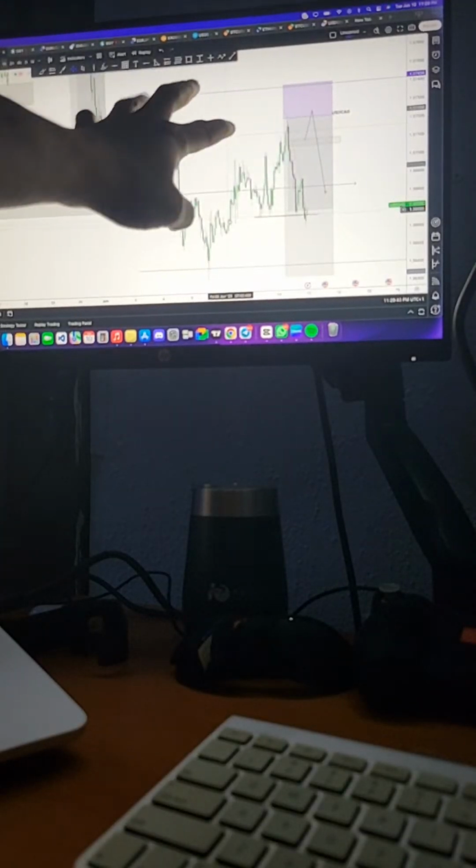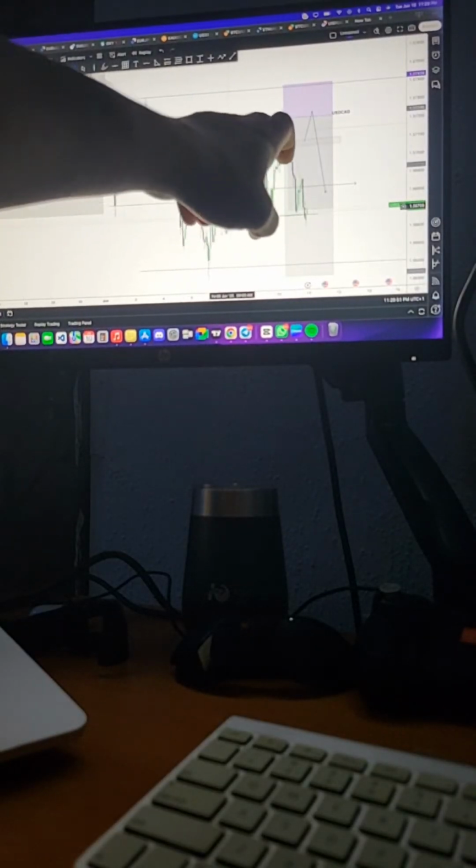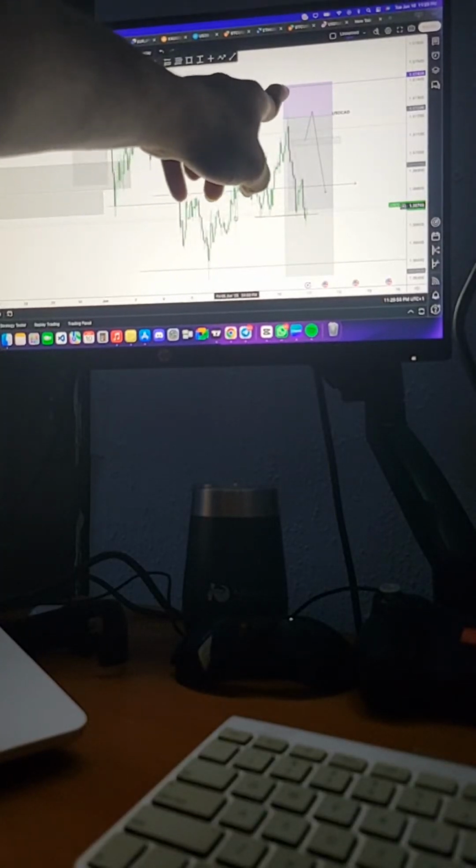I'm not gonna go deep into that, and so you can see that price did a pullback, price tapped in here, and this was where I entered the trade from, and then I set my stop loss at this high. Okay, and then my TP is right here.